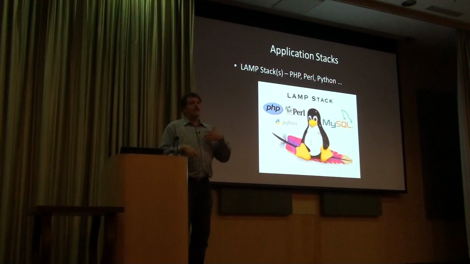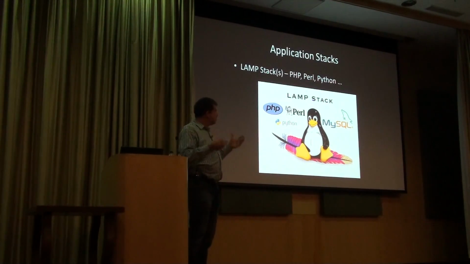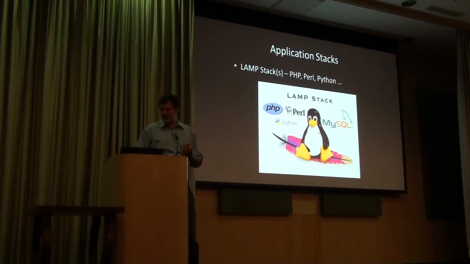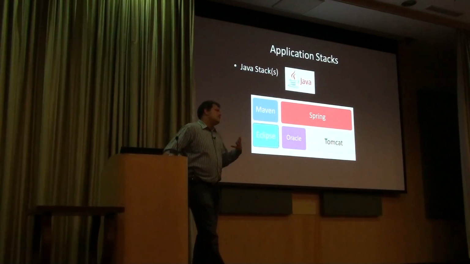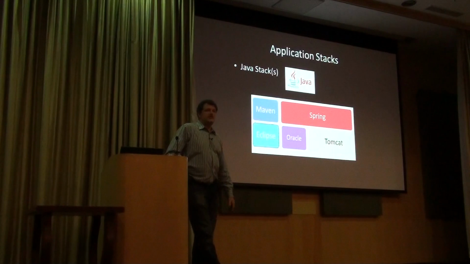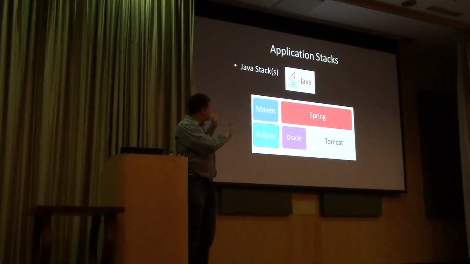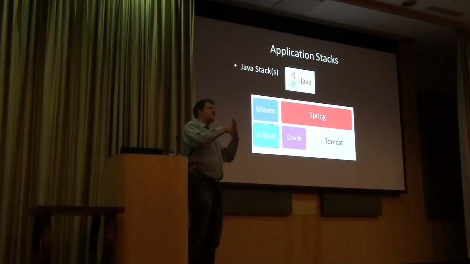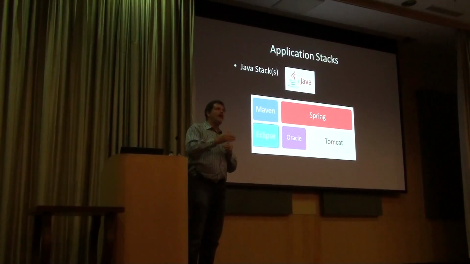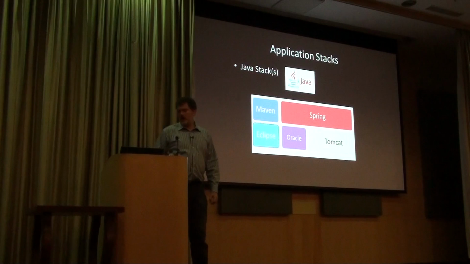It might be Python, it might be Perl. So there's a couple different stacks just within LAMP. And then if you're a Java developer, there's a lot of different enterprise technologies out there. So you might have a simple stack like this, but there's all sorts of maybe identity management, a lot of different technologies that you may need to deploy in order for your application to run.